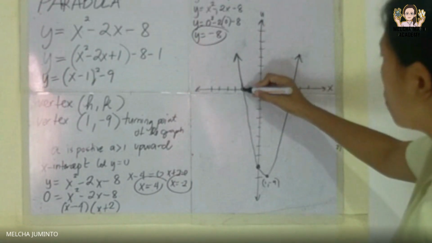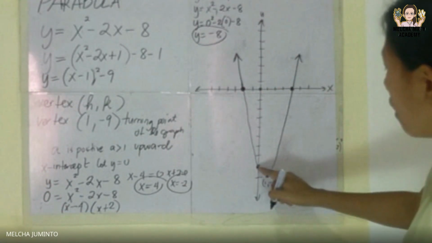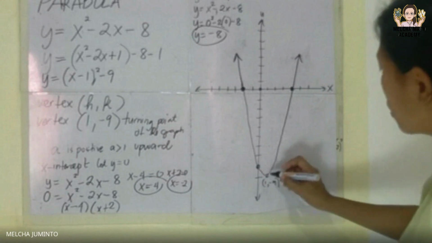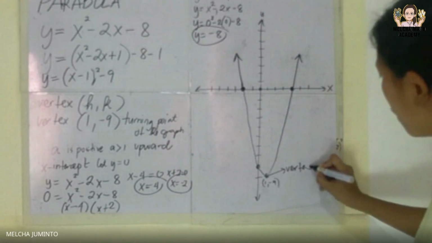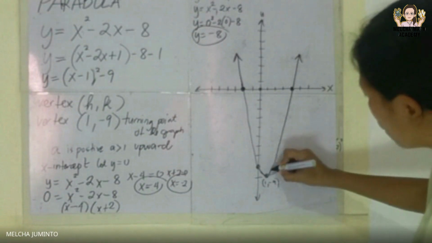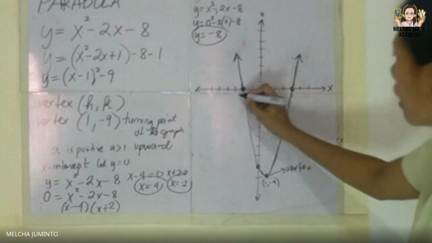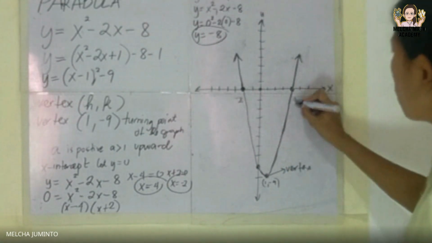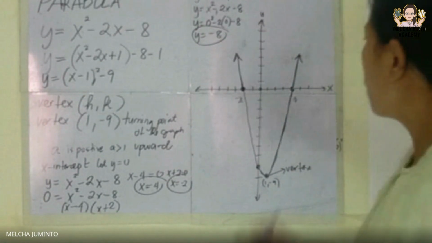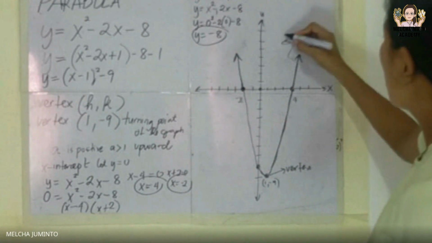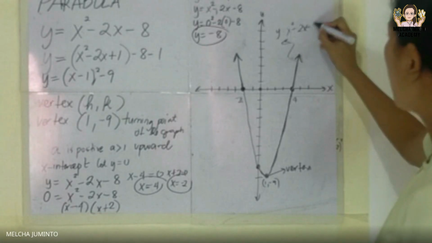It passes through negative 2 on the x-axis and negative 8 on the y-axis. At the vertex, the turning point, the graph turns up to the second x-intercept, which is positive 4. This is negative 2 and then positive 4. That is the graph of the quadratic function y equals x squared minus 2x minus 8.